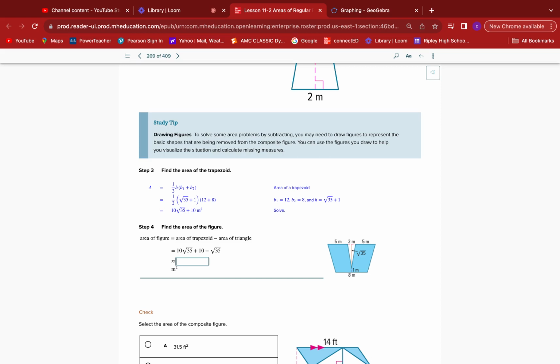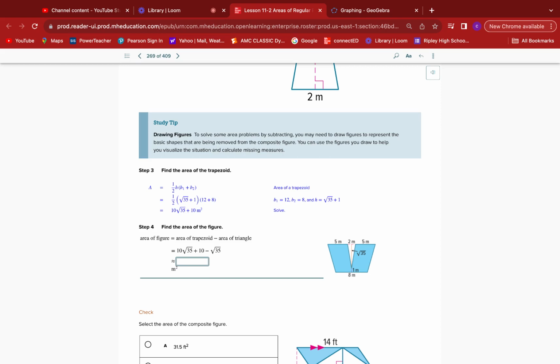They're asking me to give it as a decimal. So if you leave it in my class, 9 square root of 35 plus 10, that makes me happy. If you are going to give it to me as a decimal, so do it. Grab a calculator, put in 10 square root of 35 plus 10 minus 1 square root 35.